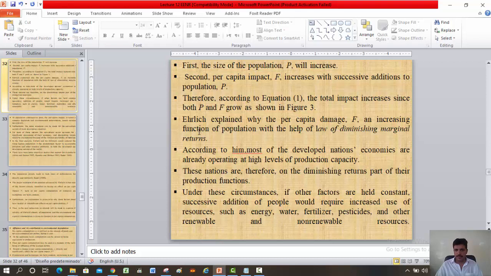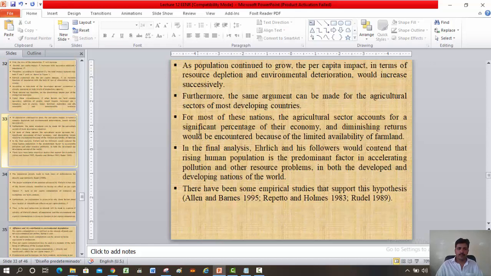Under these circumstances, if other factors are held constant, successive addition of people would require increased use of resources such as energy, water, fertilizer, etc. As population continues to grow, the per capita impact in terms of resource depletion and environmental deterioration would increase successively.